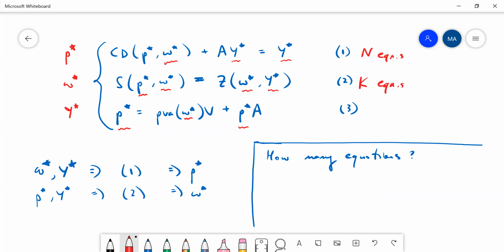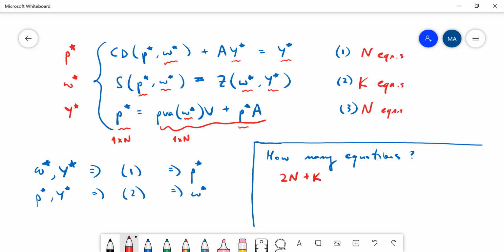And what about the last one? N. Why? Because here you have 1 by n different prices, and you have n different average cost levels. So you have n equations here. So in total, you have 2n plus k equations.